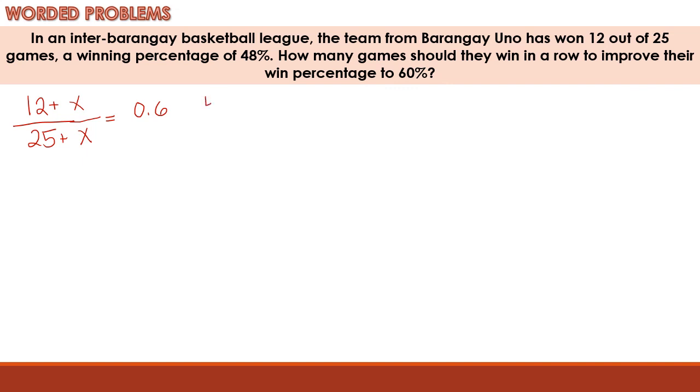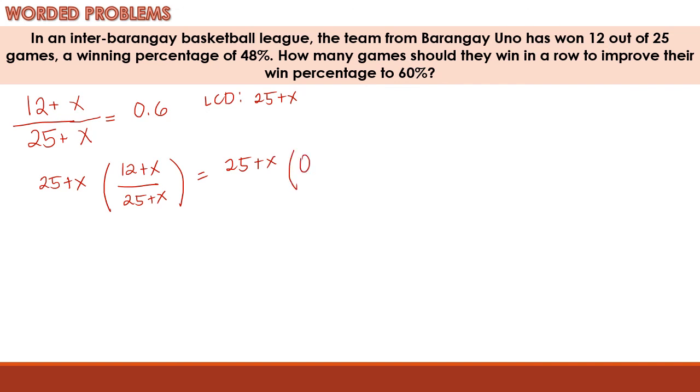Let us find the LCD. Siyempre, nag-iisa lang naman siya, 25 plus x. So, we'll use 25 plus x. And again, we have to multiply everything by the LCD. We have 25 plus x multiplied to 12 plus x all over 25 plus x equals 25 plus x multiplied to 0.6.